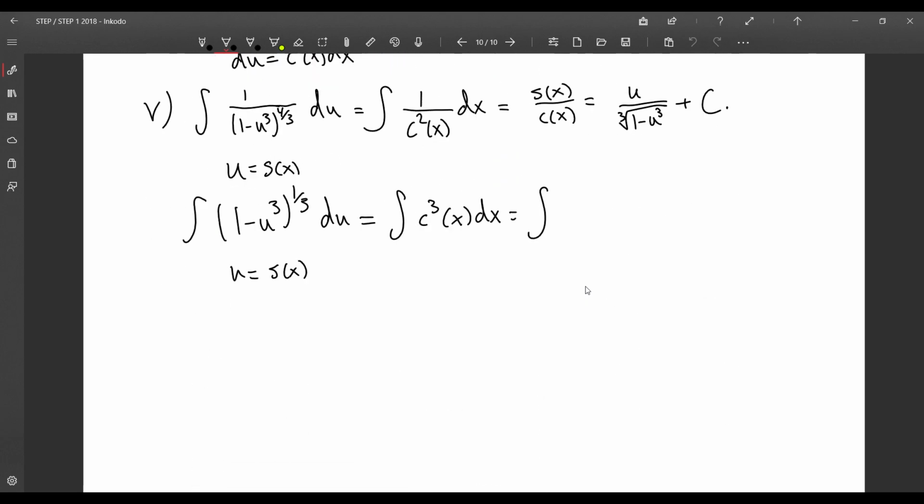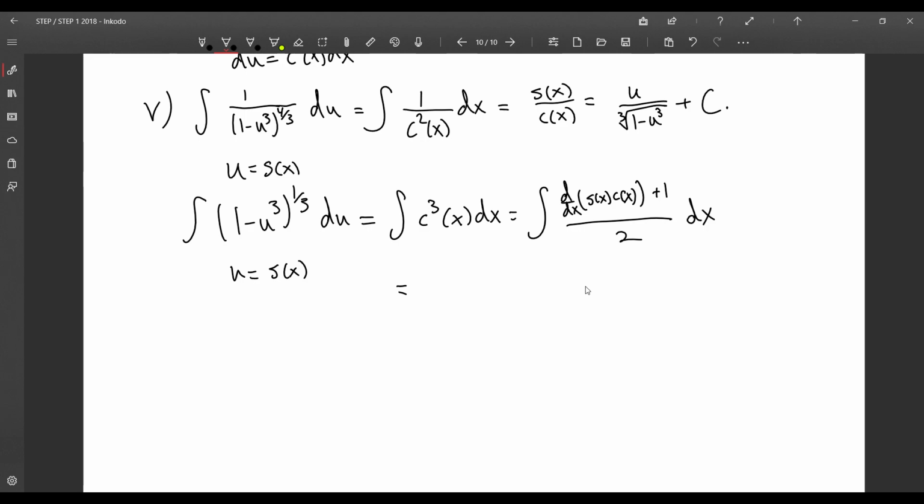Okay, so this is going to be the derivative of s of x, c of x, plus 1 over 2 dx.